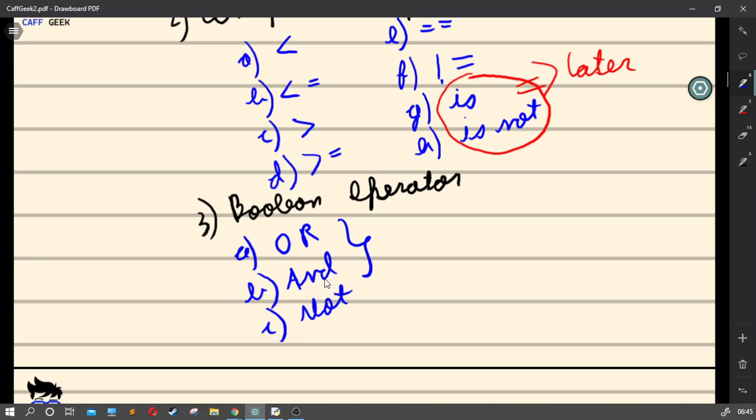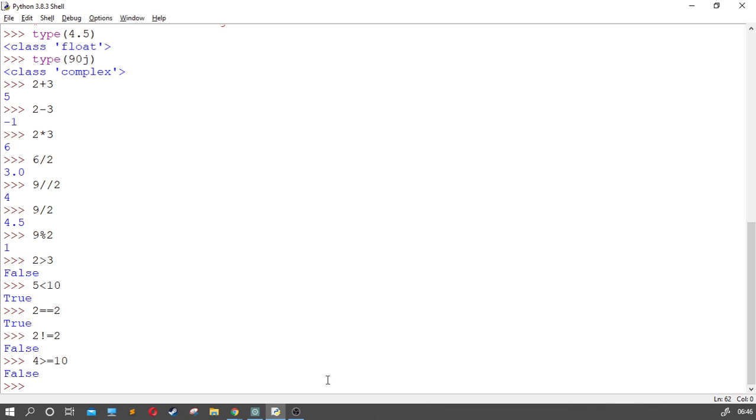Let's take an example. Let's say I would like to know if 2 is less than 3 and 4 is greater than 5. 2 is less than 3 is true, but 4 is greater than 5 is not. So it's false.